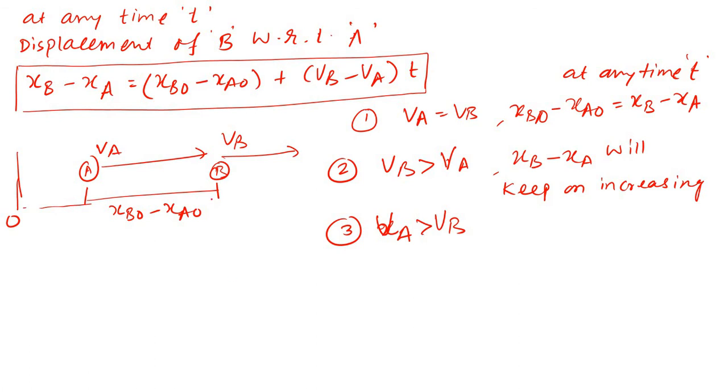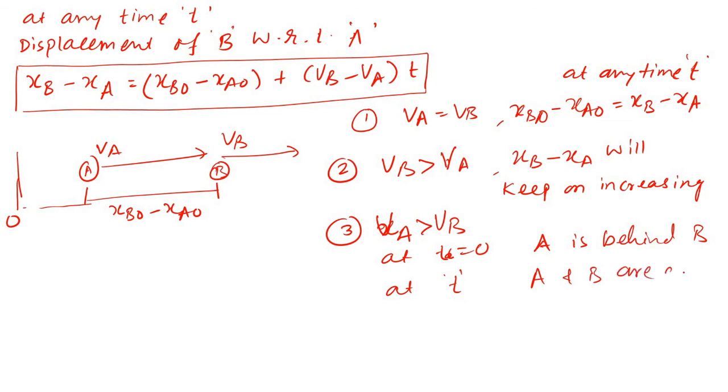Initially at t equal to 0, A is behind B. At some time t, A and B are at the same position, and at any time t dash, which is greater than this t, A will be ahead of B, right?